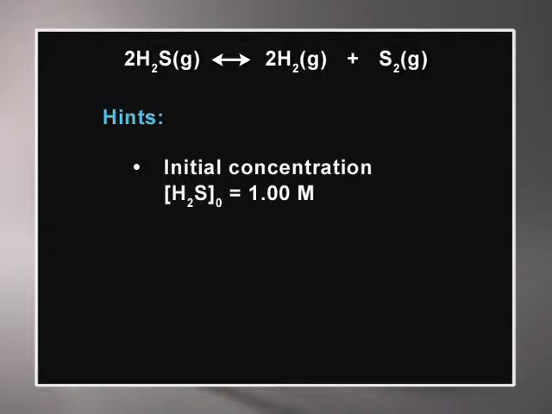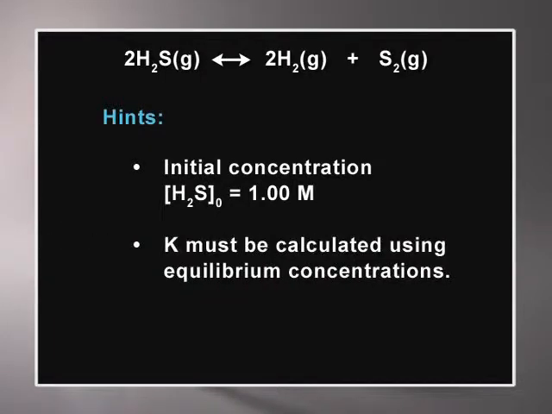I began with 1 mole per liter of H2S in the container. But when I want to calculate a value for K, I have to use equilibrium concentrations, not initial concentrations. K must be calculated from the concentrations of all reactants and products after you get to equilibrium.